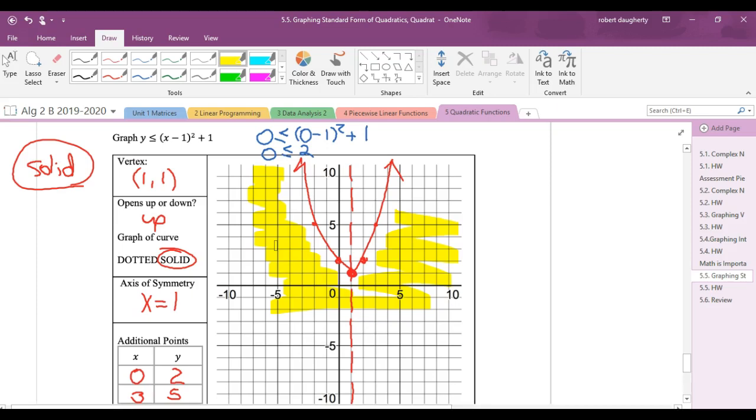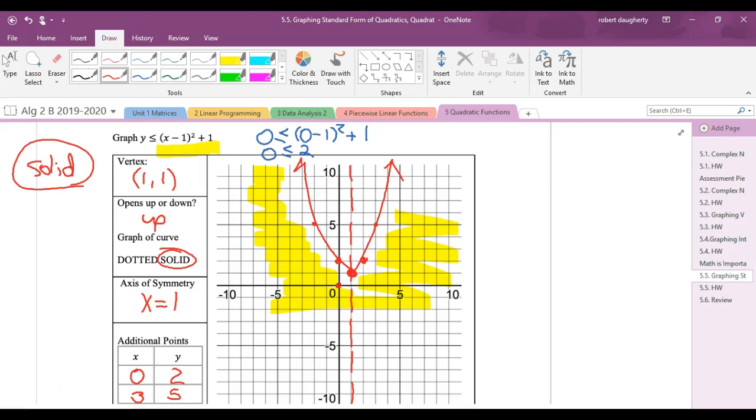I'm looking for all the y values that are less than this. So what I want to do is pick a test point. I'm picking the point 0, 0 and seeing if I plug in a 0 for y and a 0 for x, do I get a true statement? When I plug in a 0 for y and a 0 for x, I get 0 less than or equal to 2.